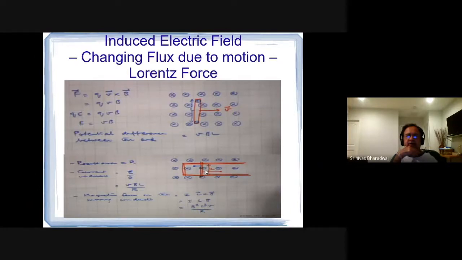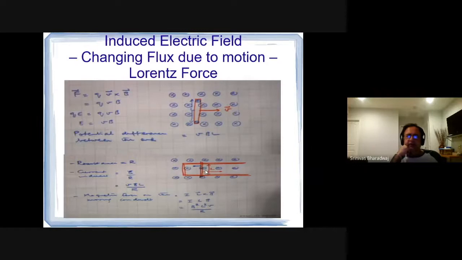the induced EMF. In this case, QVB is the force: Q times V cross B is the Lorentz force. When it is set equal to EQ, the Q's cancel, therefore you have E equals VB.